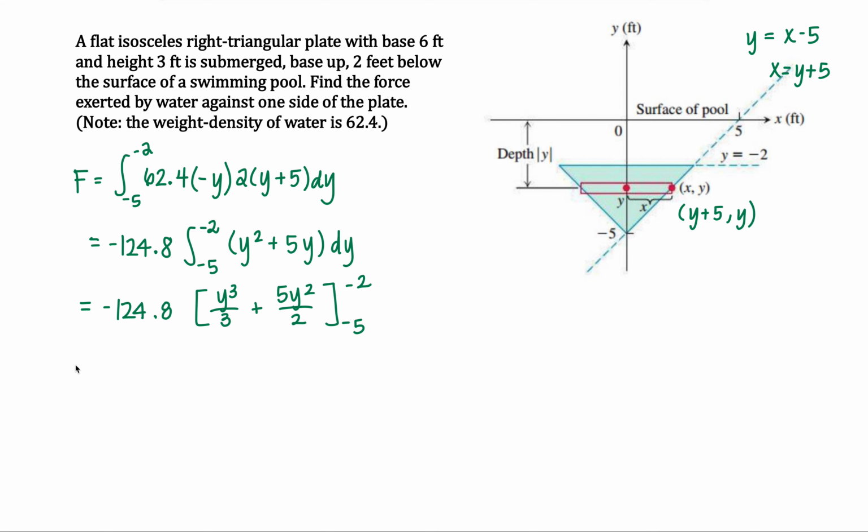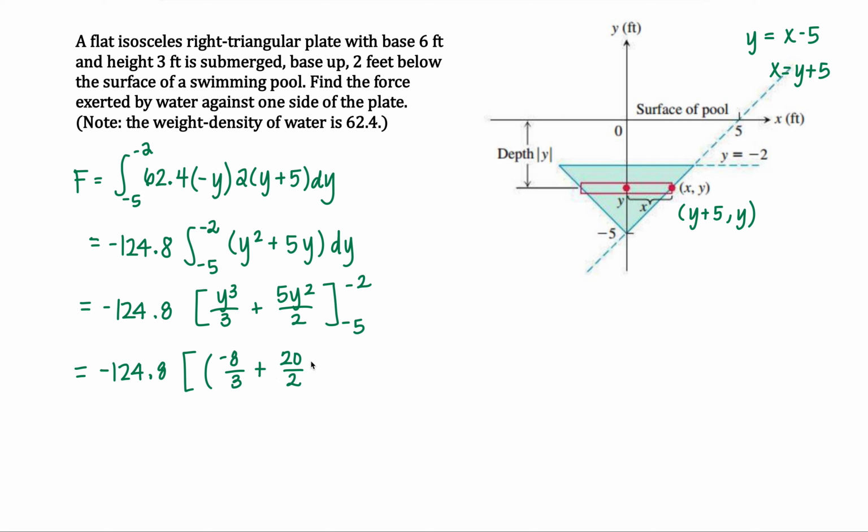So plugging in, what do we have? Starting with my -2, I'm going to have -2 cubed, which is -8 over 3. -2 squared is 4, 5 times 4 is 20, so I have 20 over 2. And I know that 20 over 2 is 10.